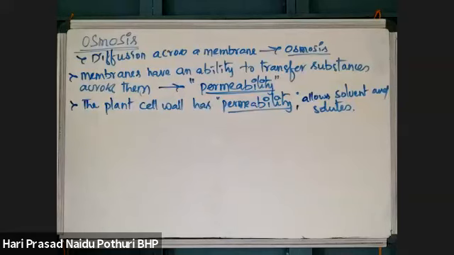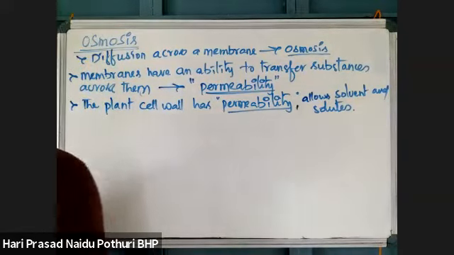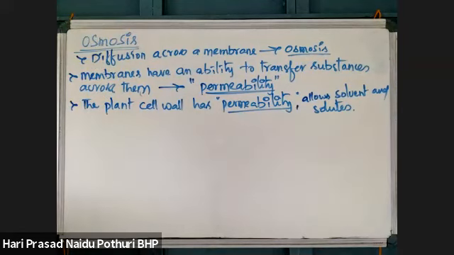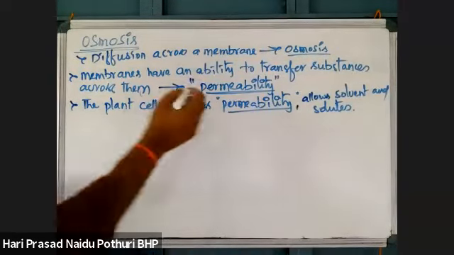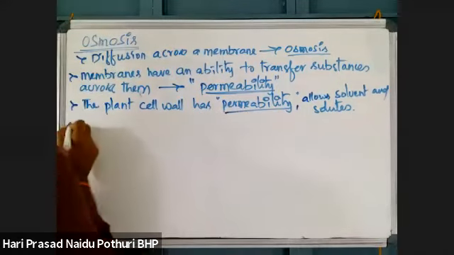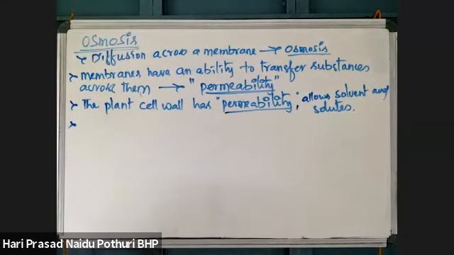Why? Cell wall is majorly made up of carbohydrates only: cellulose, hemicellulose, pectin, like that. As there are no lipids in the cell wall, it can allow all solute particles and solvent molecules to cross.